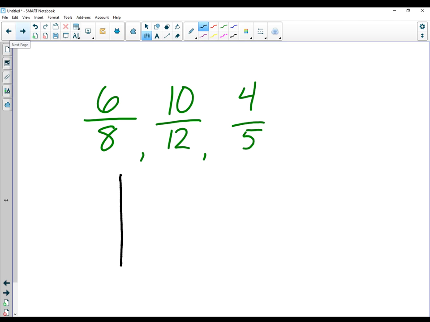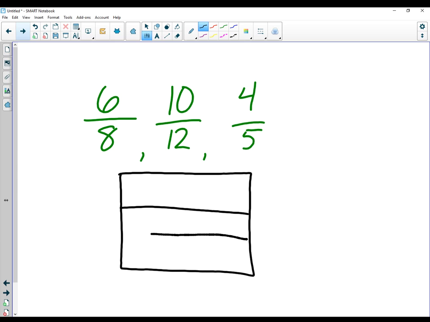I'm going to try drawing a model. And just like when we drew models to compare two fractions, I'm going to place my three fraction models one on top of the other. So I need to make 6/8.